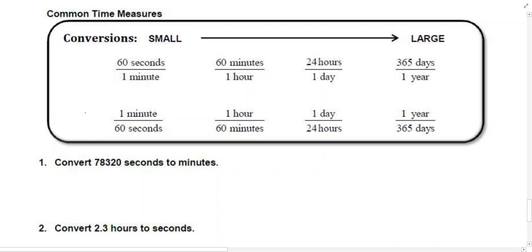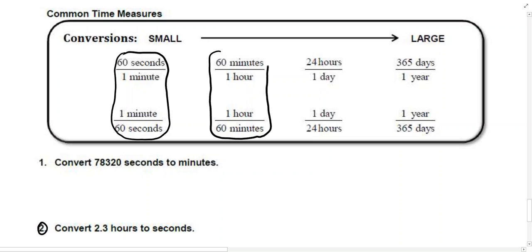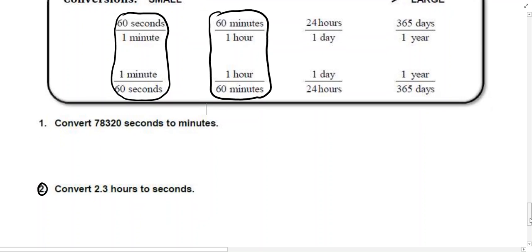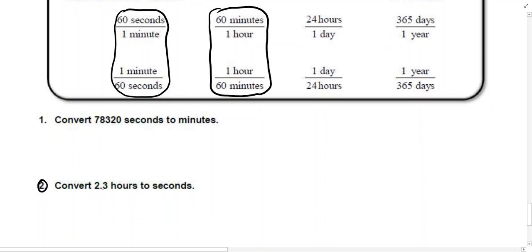Okay, for seconds, I'm going to do number 2, hours to seconds. So here we have seconds to minutes and minutes to hours. All right, so they give you 2.3 hours and they want you to find seconds.